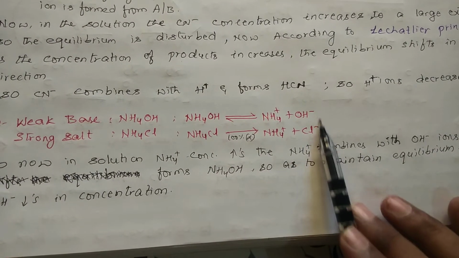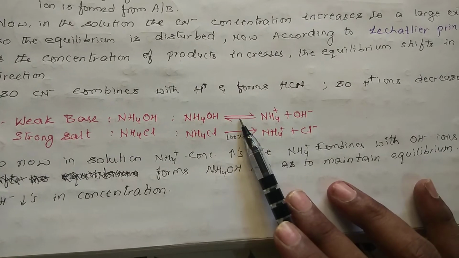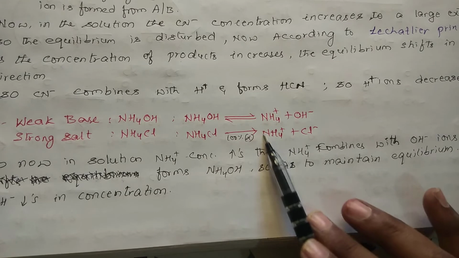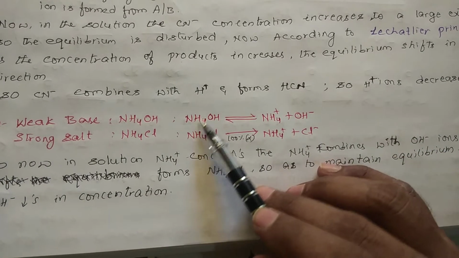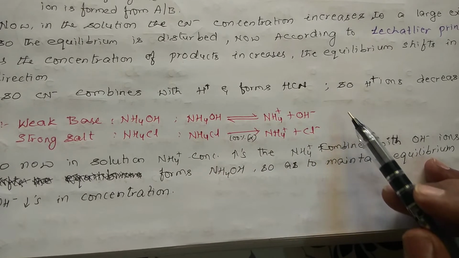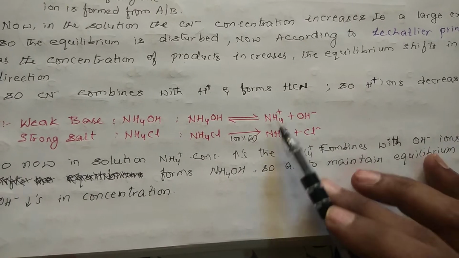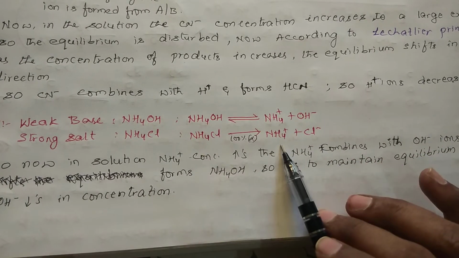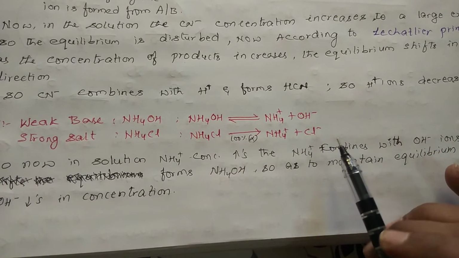So among these two, what is the common ion? NH4⁺ is the common ion. Equilibrium is disturbed. So NH4⁺, which is produced in extra amount, combines with OH⁻ and shifts backward. So in the solution, OH⁻ concentration will decrease, and NH4⁺ concentration will be more, because it comes from both sources, and Cl⁻ will be present.